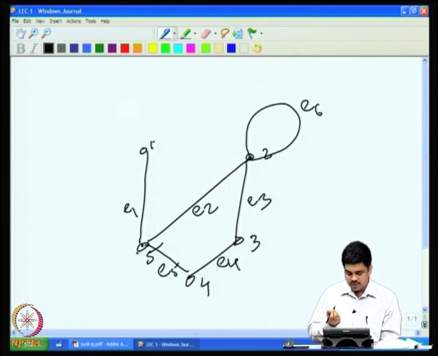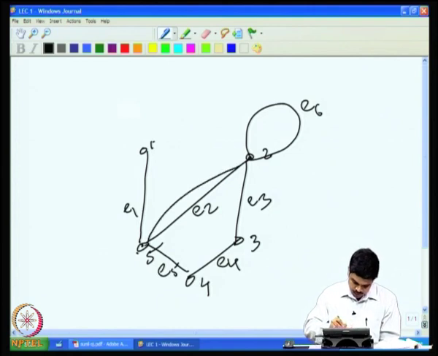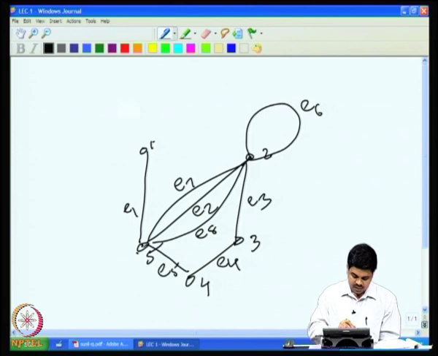Now, it is also possible that there are many edges which are associated to the same pair of vertices. For instance, it is possible to have several edges, say E2, E7, E8, such that the two vertices associated with them are the same, 5 and 2.